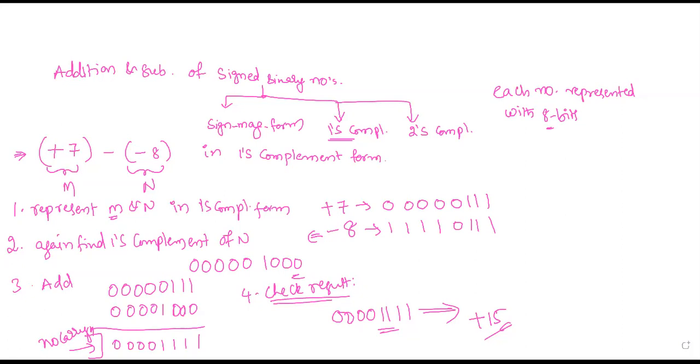Next topic is binary codes. Okay, binary indicates 0 or 1, only two values.